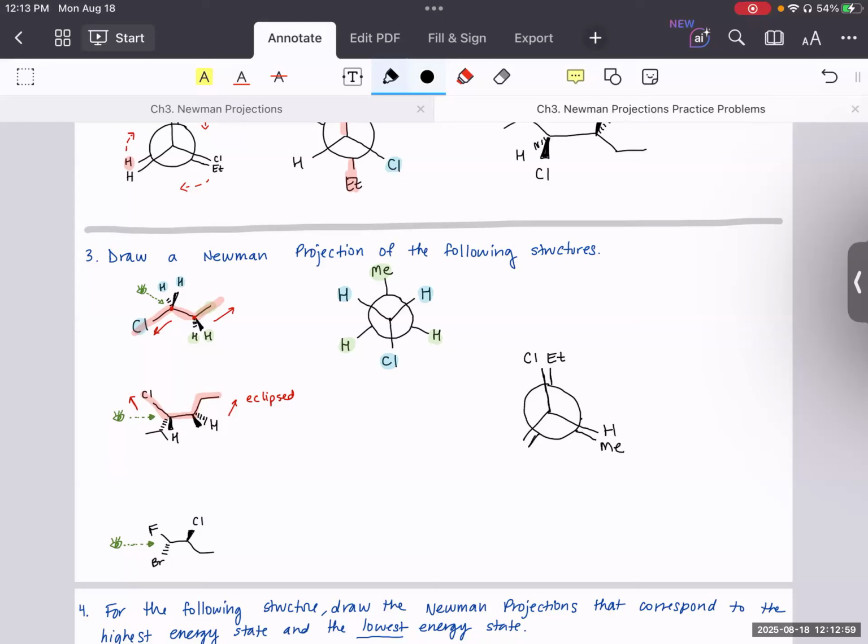And then the dash groups are going to be the isopropyl group on that front carbon, and then a hydrogen in the back. And similar to that first one, I'm going to highlight that front carbon in blue to show how all of those are coming together towards that front carbon.